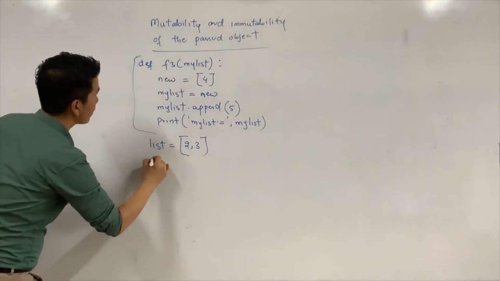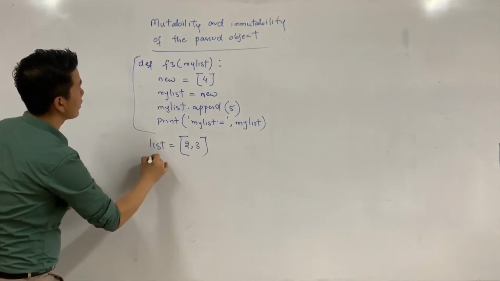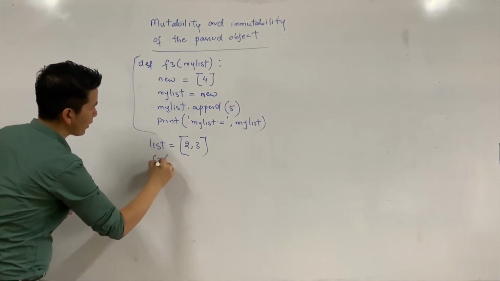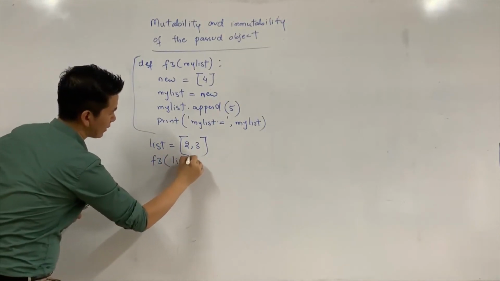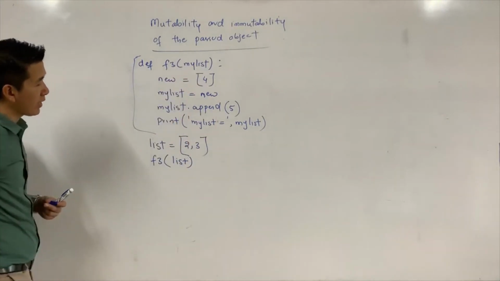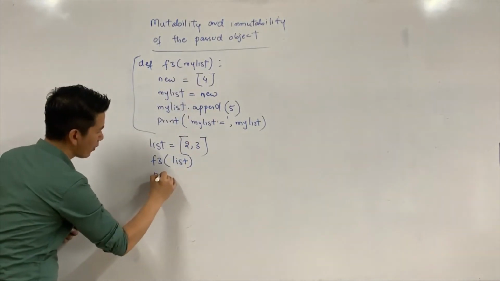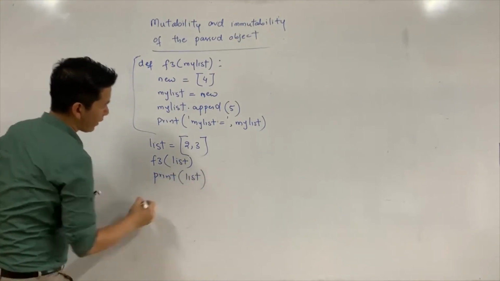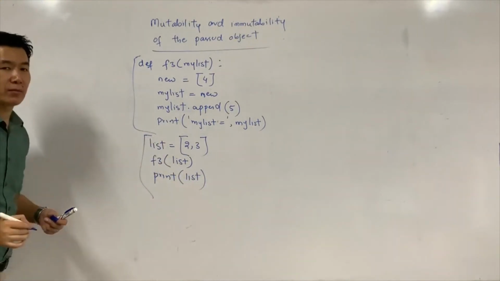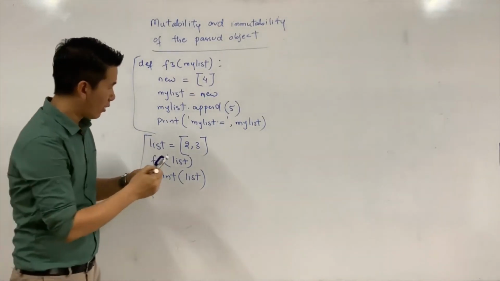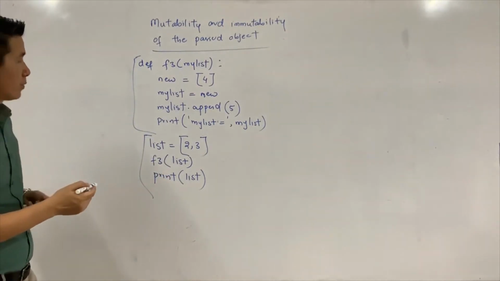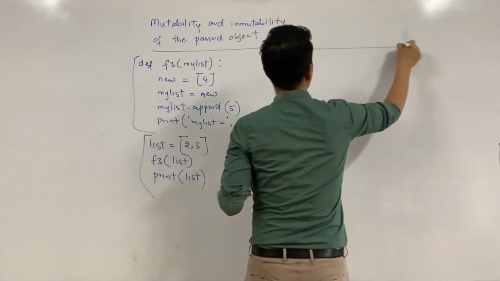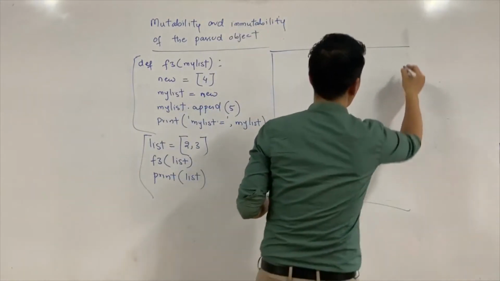The function call will be f3, and I send the list. This will be received by my list, and then I print the value of list. I've just simplified the program in order to save time. Now let's see how the memory location will look.